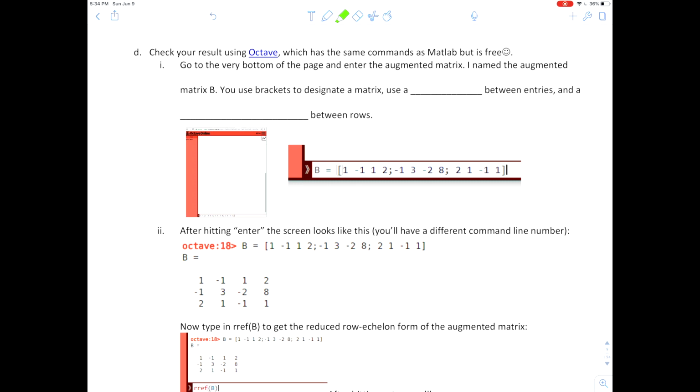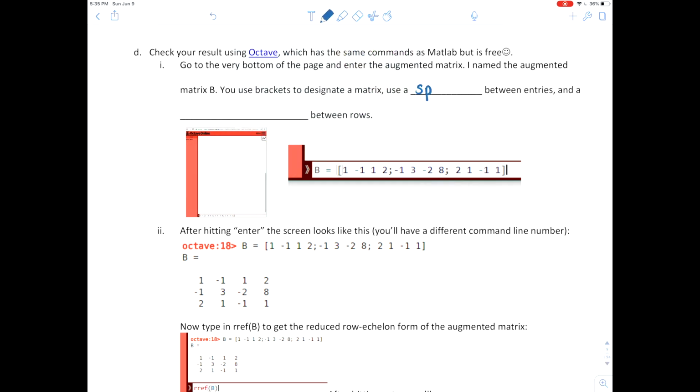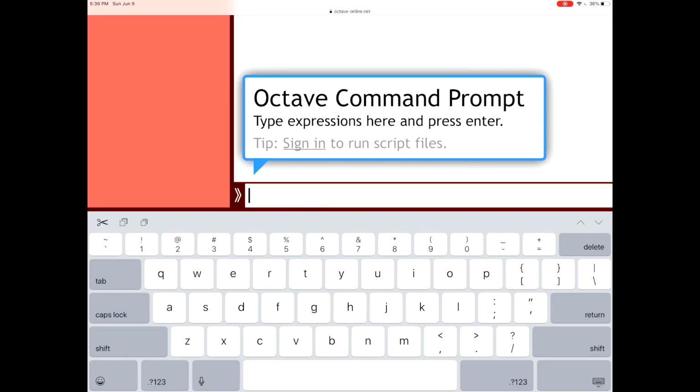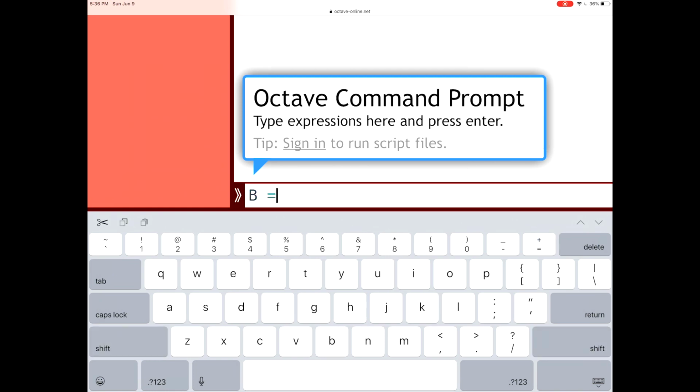In this one, I named the augmented matrix B. You use brackets to designate a matrix, a space between entries, and a semicolon between rows.